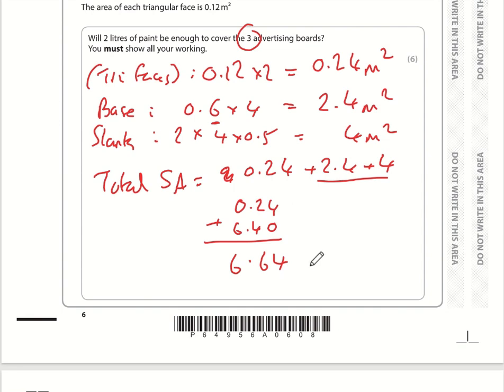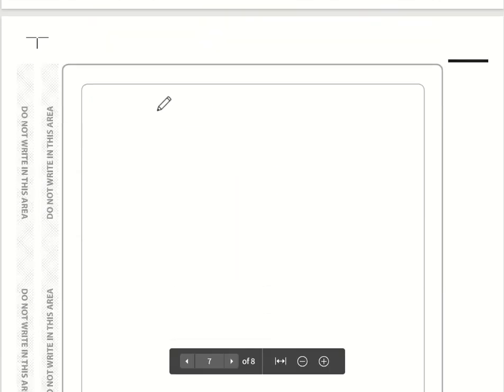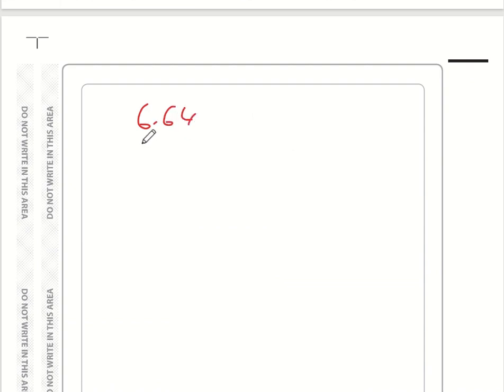Now, this is for one advertising board, so for 3 advertising boards it's going to be 6.64 times 3, or we can just add 6.64 3 times, it might be easier. 4 plus 4 plus 4 is 12, 2 carry the 1, 6 plus 6 plus 6 is 18, plus 1 is 19.